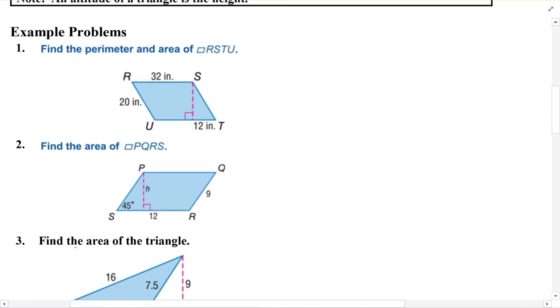Looking at a few example problems, for the first problem here, we do not know what the height is. We do know that the base in relationship to the height is 32. We know this side, ST, is also 20 because it is a parallelogram and opposite sides are congruent. So to find the height, we would do h squared plus 12 squared equals 20 squared.